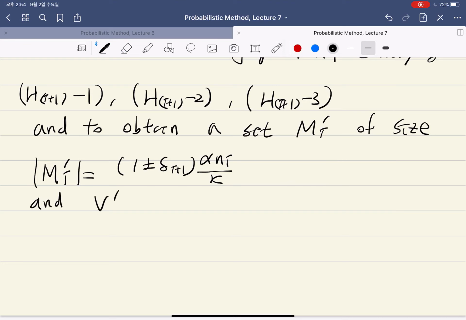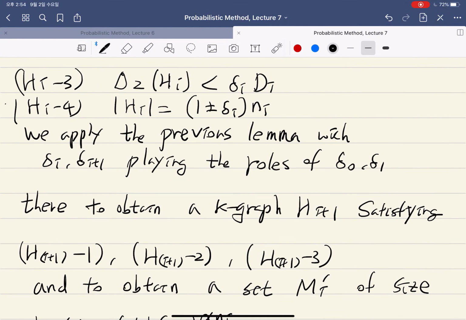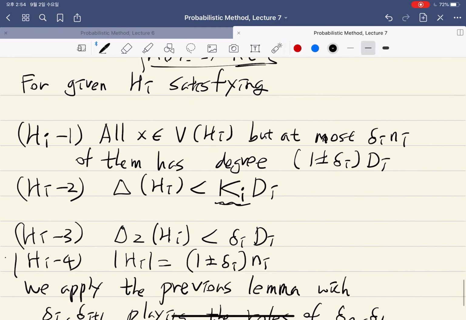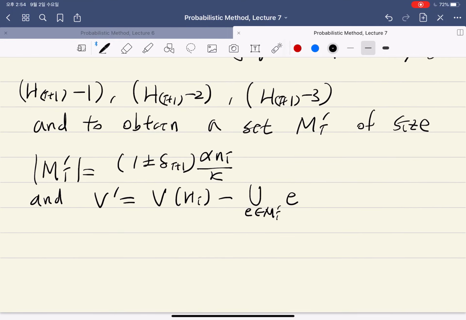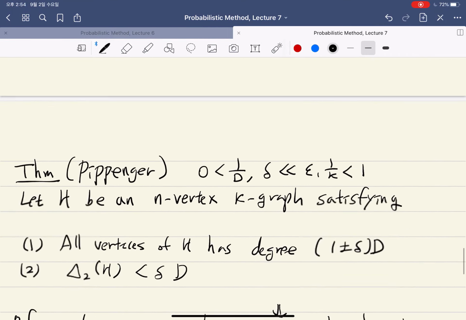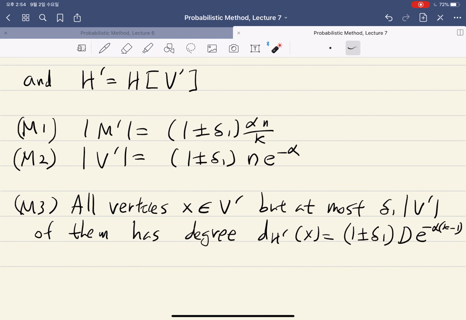And this B prime, which is the vertex set of Hi minus the union of all the edges in M prime i, has size, from this lemma, this size.